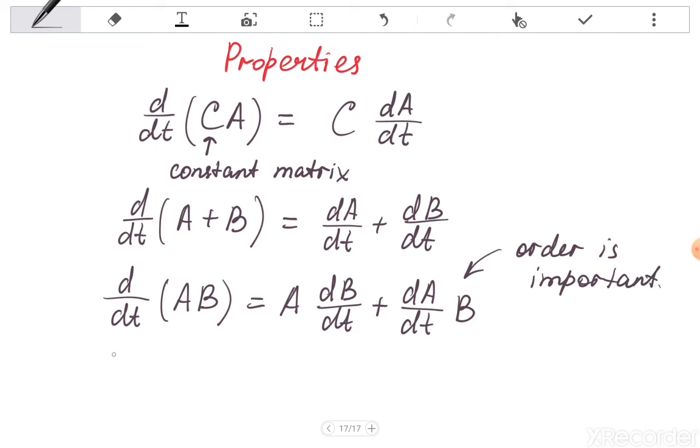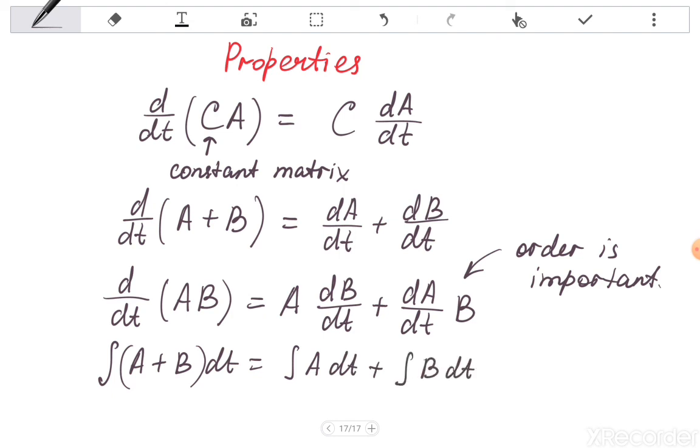Also for integration, the integral of A plus B dt, of course, will be the integral of A dt plus the integral of B dt. And similarly, if we multiply by a constant number, we will get this number out of the integration.